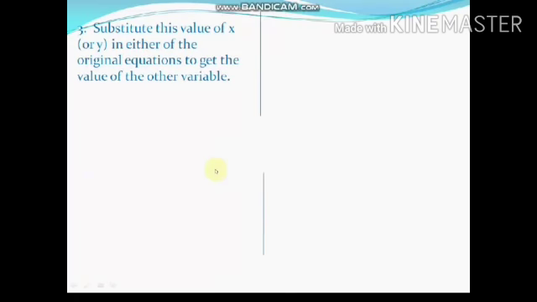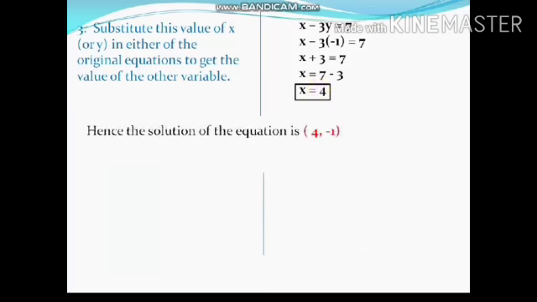And the third step of this method is substitute this value of y in either of the original equation to get the value of the other variable. So the first equation was x minus 3y equals 7. When you substitute in place of y minus 1, you will get x equal 4. Hence the solution of the equation is 4 comma minus 1.